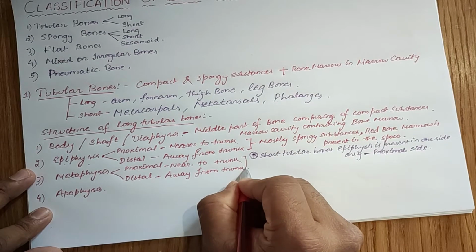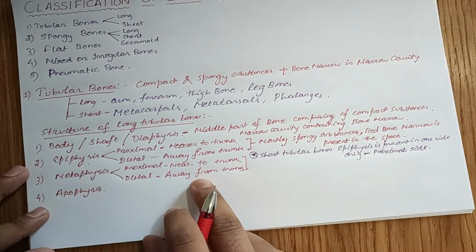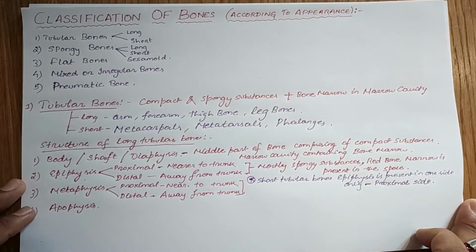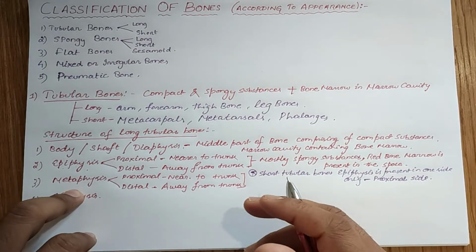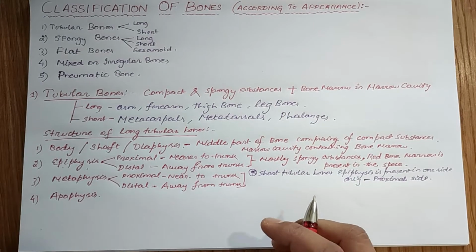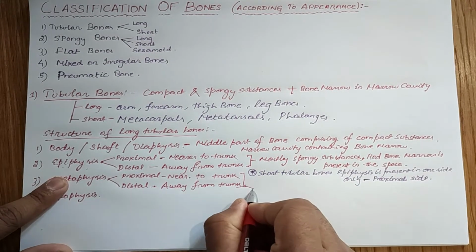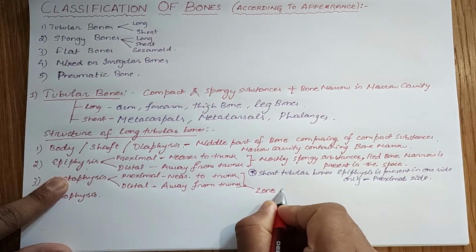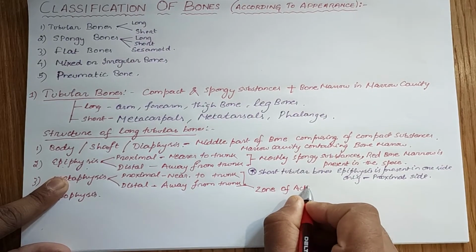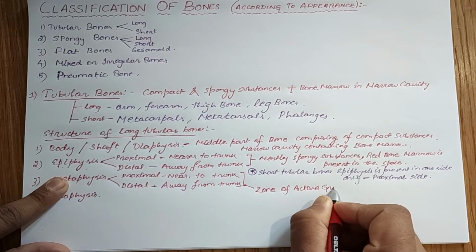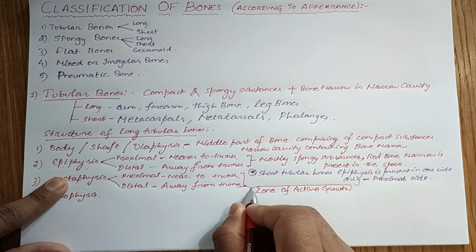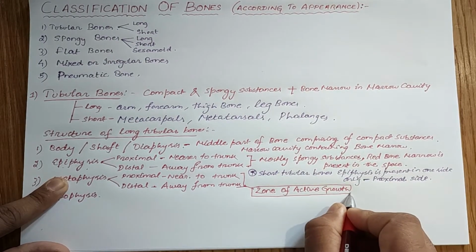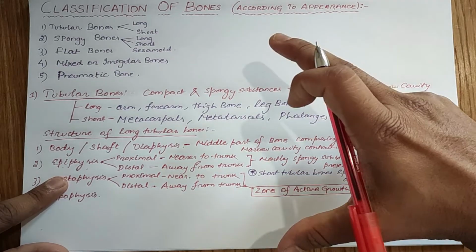Metaphysis. What is the metaphysis? Metaphysis is the epiphyseal end of the diaphysis, in which there are growth factors; it is a zone of active growth. It comprises red bone marrow and is responsible for increasing the length of the bone.